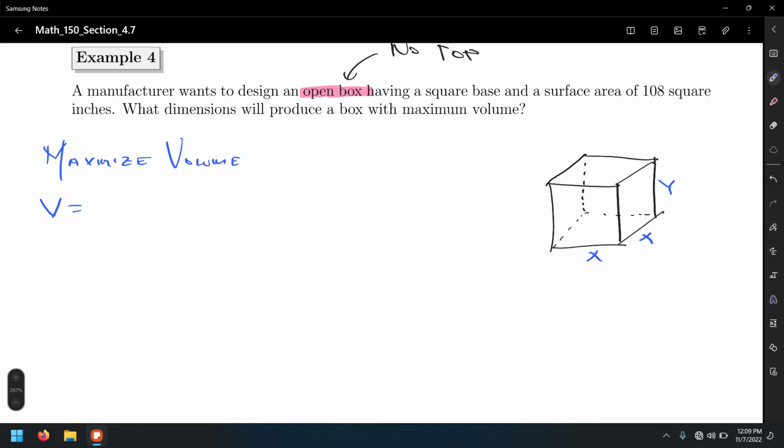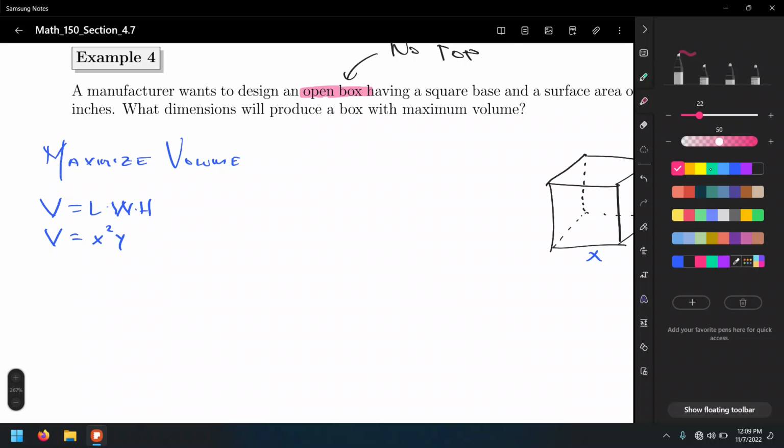So the volume, which is length times width times height, will be x squared y. However, we need a second equation to get rid of one of the variables so we can do the calculus on it. They're telling us about the surface area.